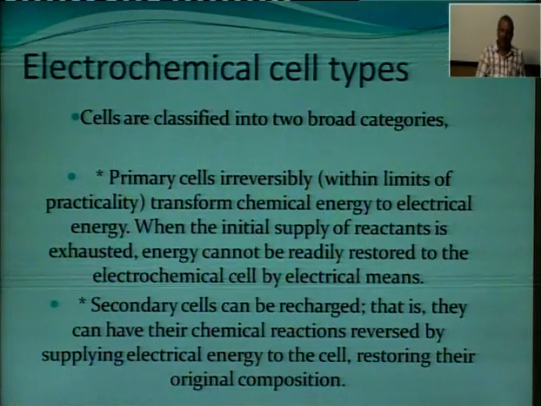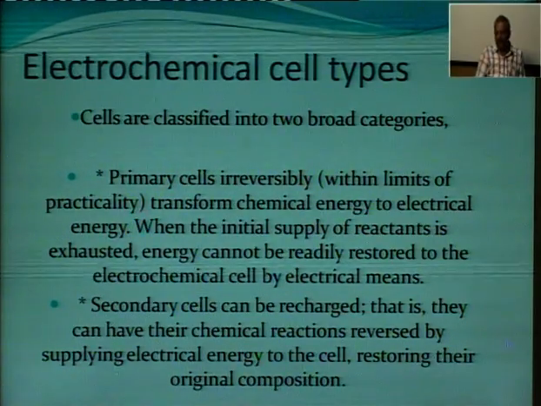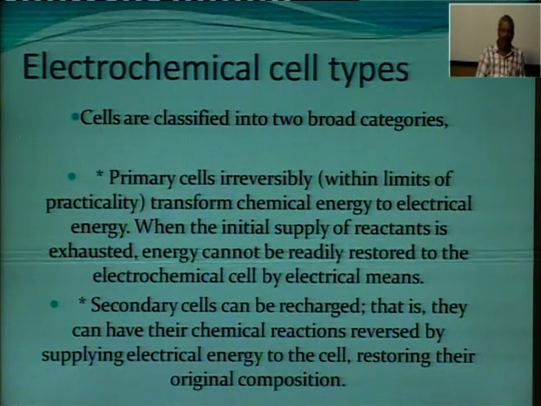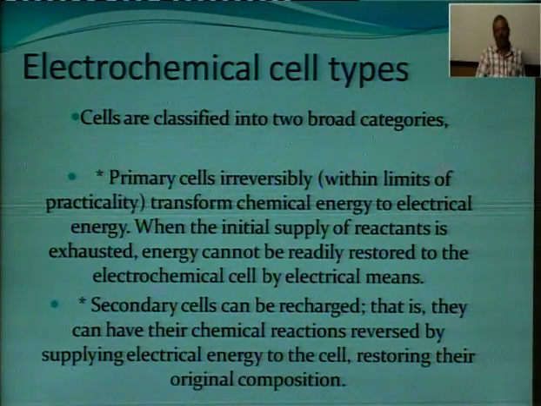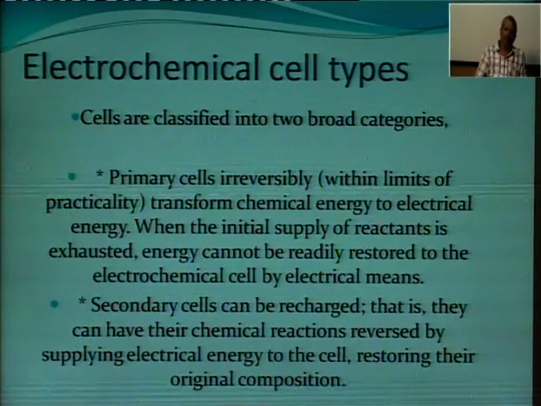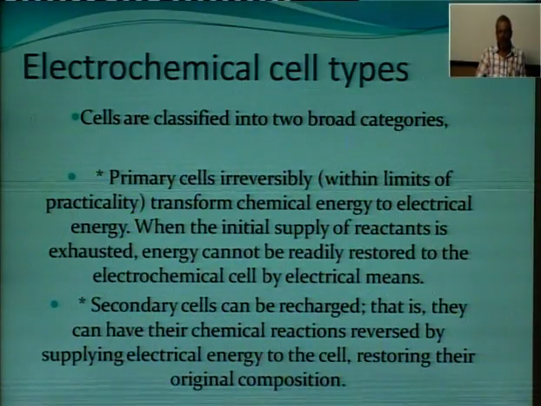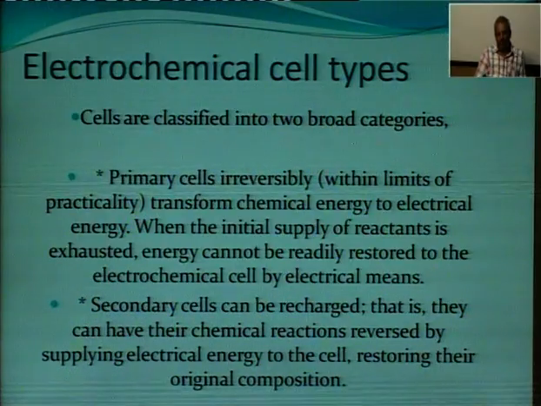So, primary cells transform the chemical energy to the electrical energy, which is not reversible. When the initial supply of reactant is exhausted, energy cannot be readily restored to the electrochemical cell by electrical means.